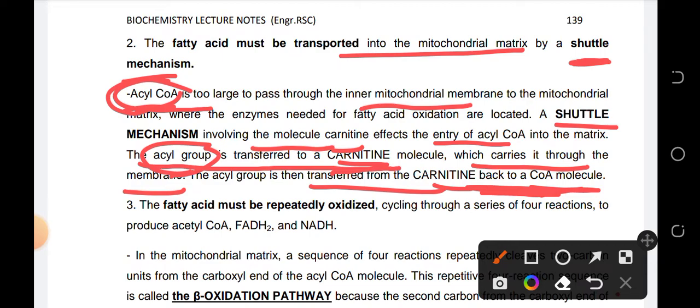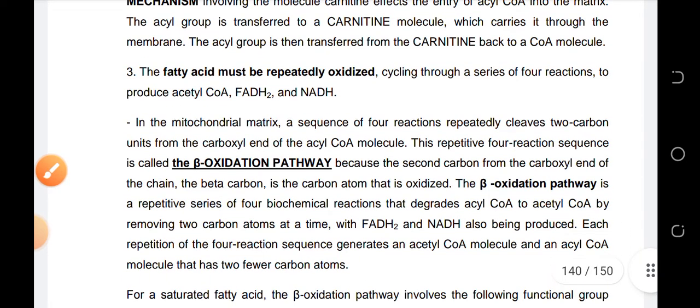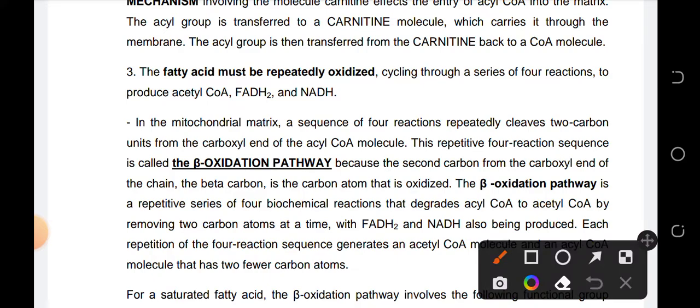And from there, the last step, now that the acyl-CoA has reached the site of reaction, magkakaroon na ng fatty acid repeatedly oxidized.